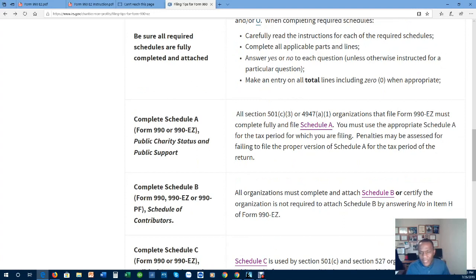Complete Schedule A, Form 990-EZ, 990 or 990-EZ. Just as you have a Schedule A for Form 1040 individual tax return, you also have one for this form, which we just went over. Basically, an organization that files the form must complete and file Schedule A fully. You must use the appropriate Schedule A for the tax period for which you are filing. Penalties may be assessed for failing to file the proper version of Schedule A for the tax period of the return.